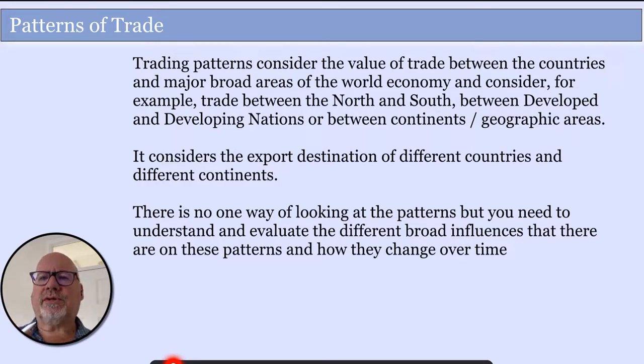And you can also look at this in terms of export destination, i.e., in a particular country, where are exports going to? Why are we exporting to, say, Europe and not to Australia, for example? And what is happening to the changes in those as well over time?